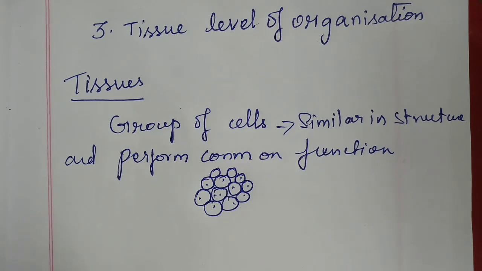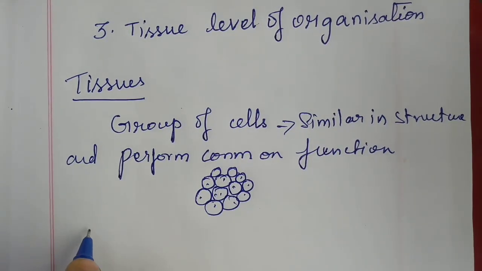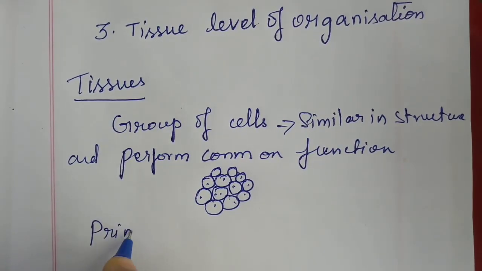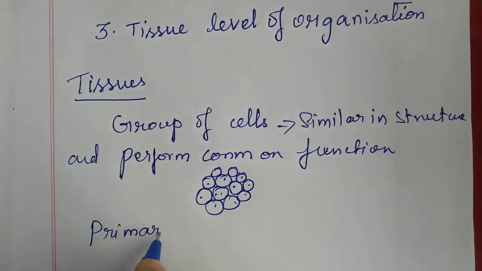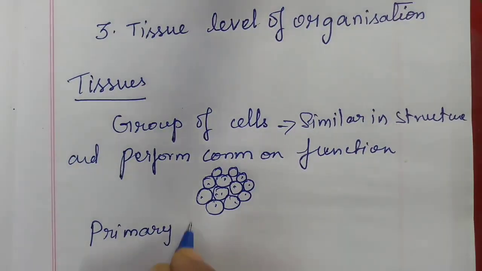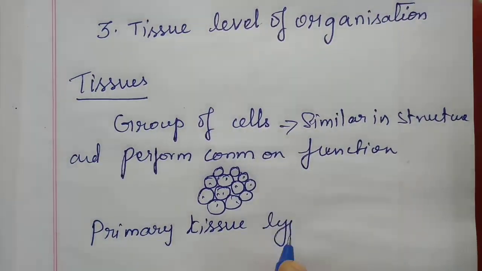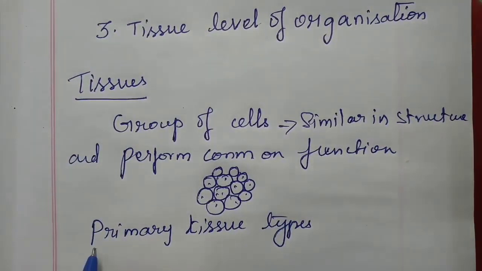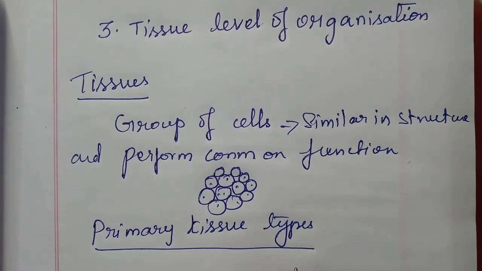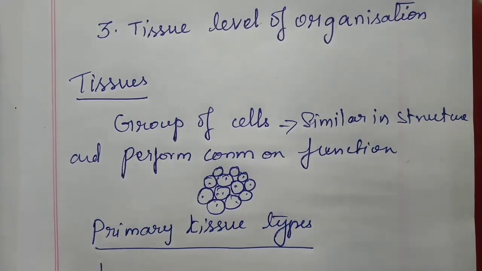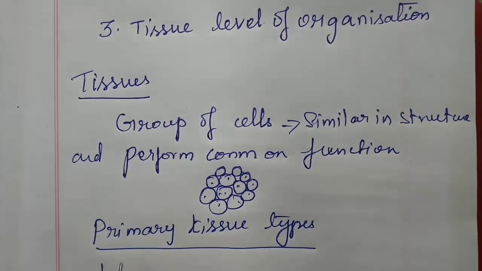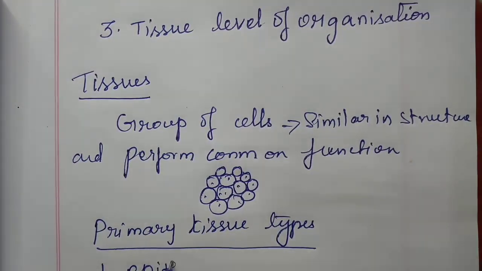The four primary tissue types. One, epithelial tissue.